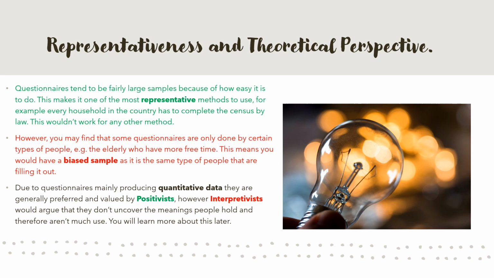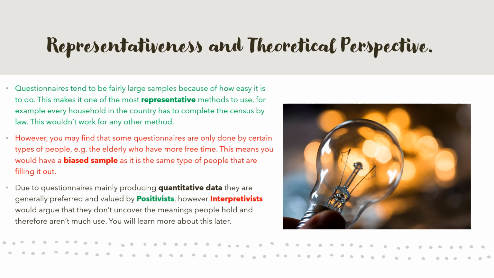On the other hand, though, for other questionnaires, you might find you end up with the same kind of people doing the questionnaire. So if it's generally sent out to the public, you'll find the people who have more free time maybe are the ones who are doing it. The elderly might be more likely to complete a questionnaire than young people, because young people don't see it as worth their time.